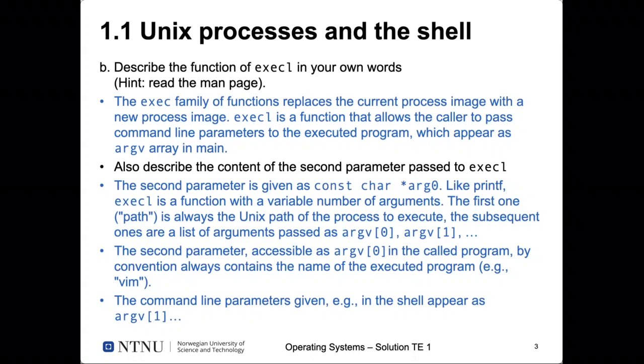You could write a little program that execs another program and calls it something else by just passing another argv0 value. And then the command line parameters are given, for example, the ones in the shell appear as argv[1], 2, 3, 4, 5. So that's something you need to take care of. Parameter 0 is not your first command line parameter, but it's usually the name of the executable you're running.